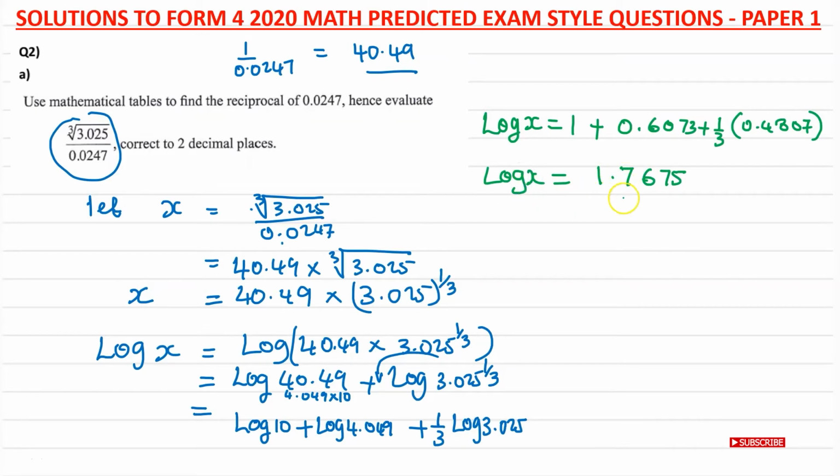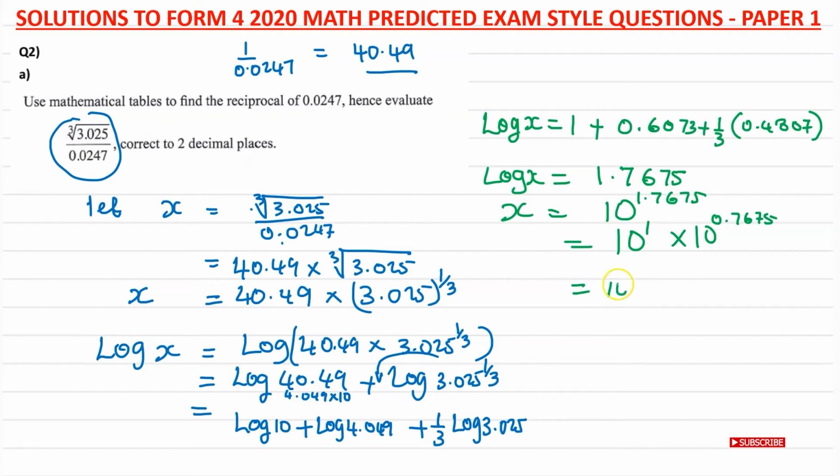Now I can take the antilog in order to find x. So x is going to be equal to 10 to the power of 1.7675, which can be written as 10 to the power 1 times 10 to the power of 0.7675, using the index law.